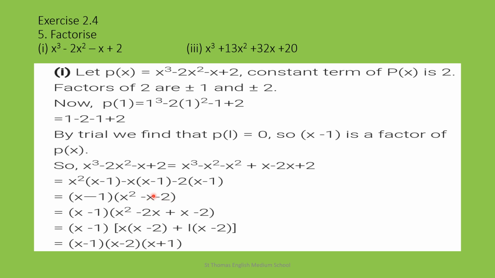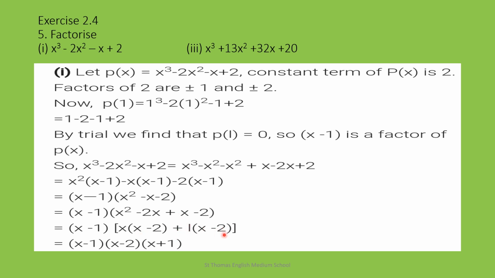So the sum will be minus 1 and the product will be minus 2. Which are the two numbers for that? That is minus 2 and plus 1. So you will have x minus 1 multiplied by x square minus 2x plus x minus 2. From the first two terms x is common, so you can write x multiplied by x minus 2, plus, from the last two terms you have 1 as a common factor, so plus 1 multiplied by x minus 2.